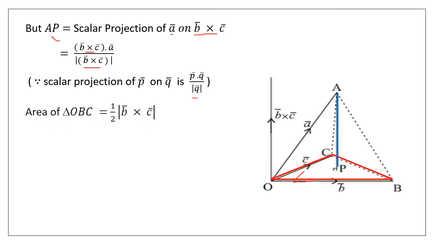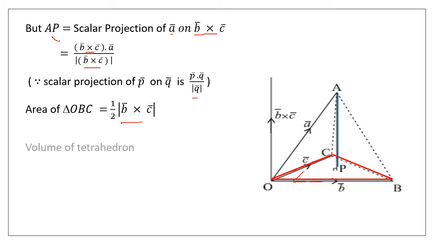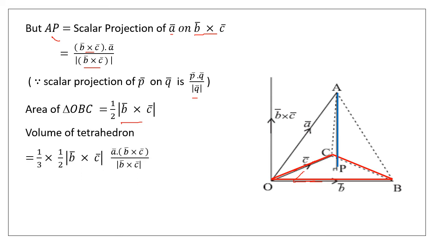And the area of triangle OBC equals 1 by 2 into mod of B bar cross C bar. Substituting in the volume of tetrahedron, we have 1 by 3 into 1 by 2 mod of B bar cross C bar, that is the area of the triangle, into AP, which is A bar dot B bar cross C bar upon mod of B bar cross C bar.